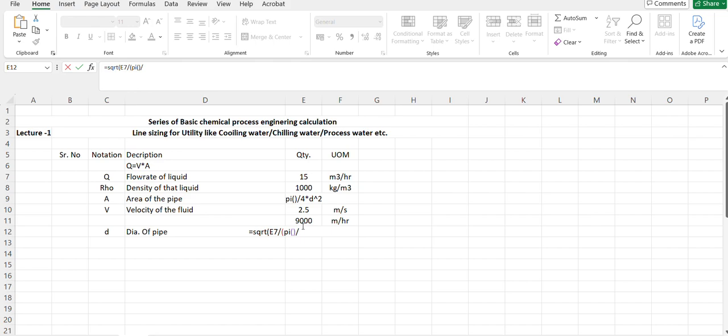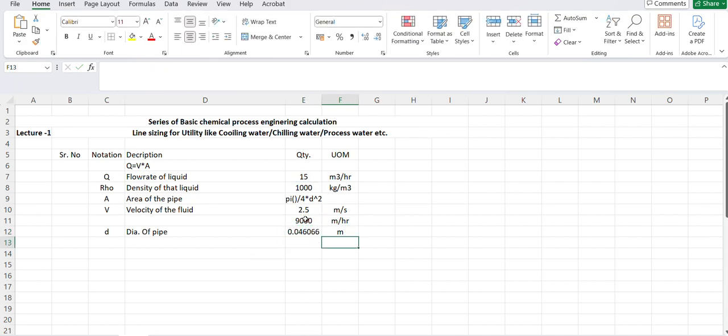We have to divide the flow rate Q by V and area, so divide by pi by 4 into the velocity. We will get the diameter in meter.